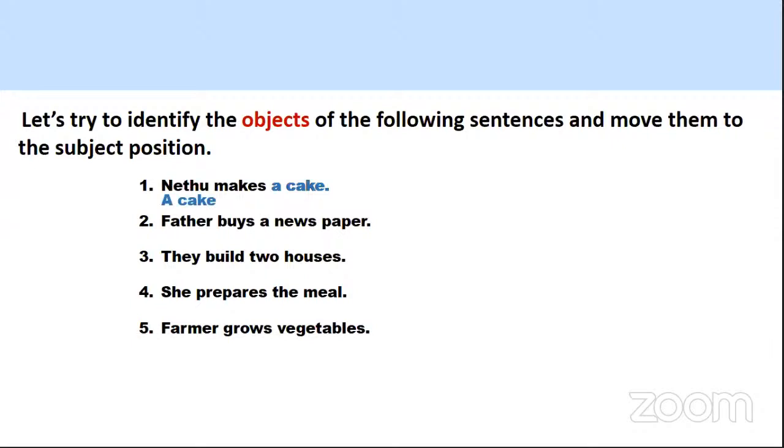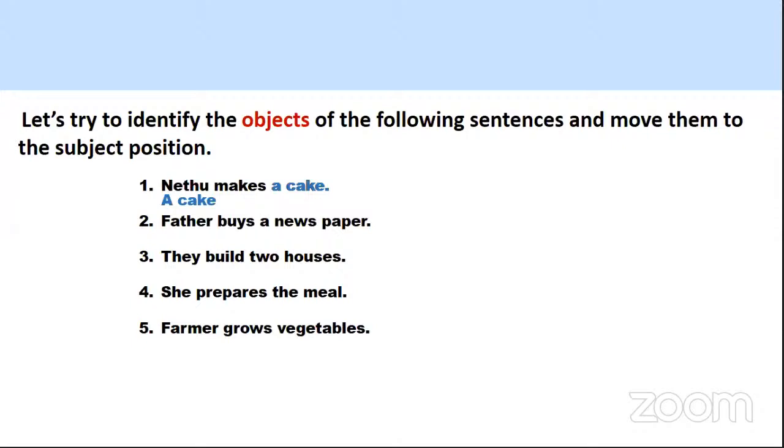Don't forget, you have to make A capital because you are going to start the sentence with that letter. Let's move on to the second one.